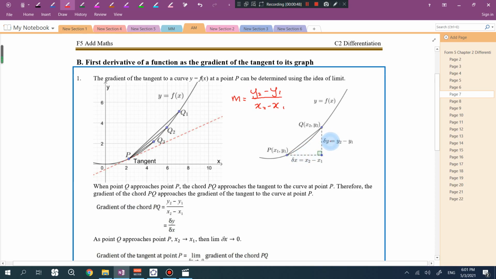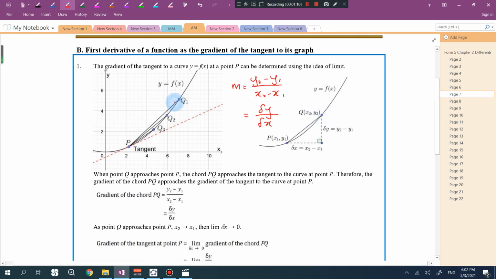Delta y is the small change in the value of y. Delta x is the small change in the value of x. Therefore, if I ask you to find the gradient of this chord or of this straight line PQ, we can take delta y over delta x, right?